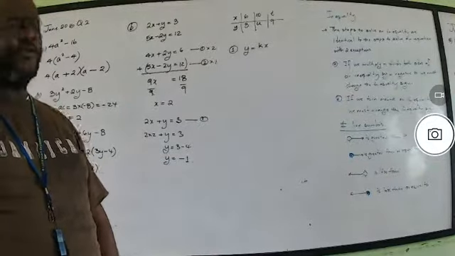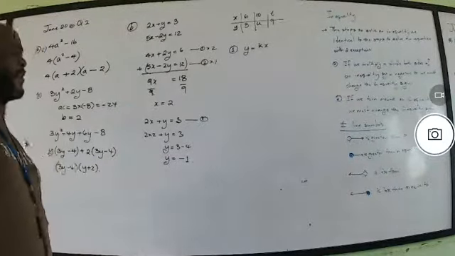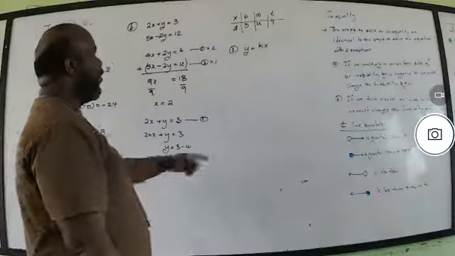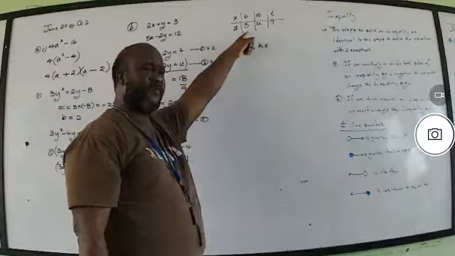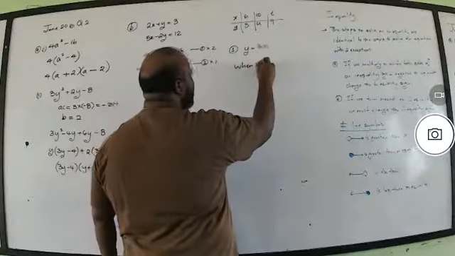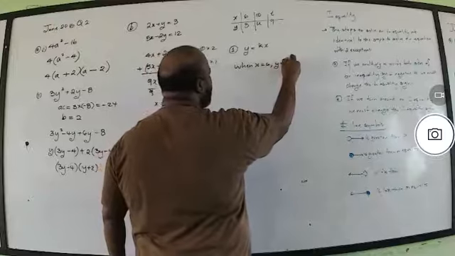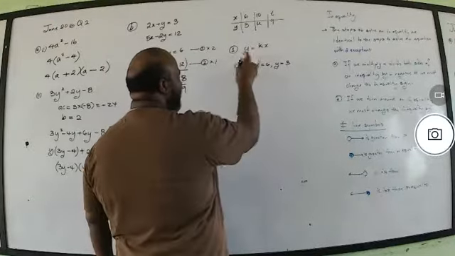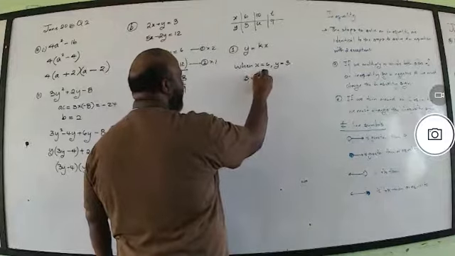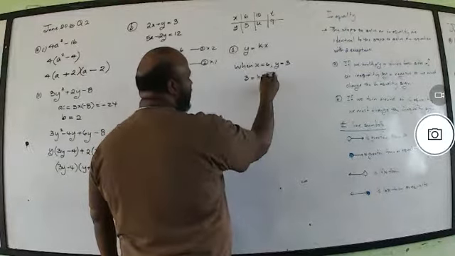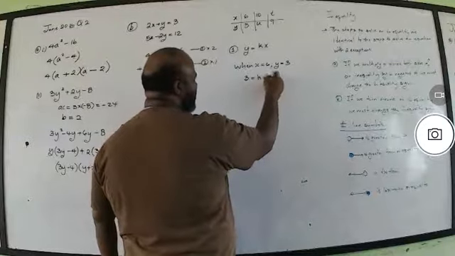Step 2, you have to be given a value of x and y so that you can calculate k. Here it is. When x is 6, y is 3. Let's put that in the information. Y, 3, is equal to k times x, which is 6.